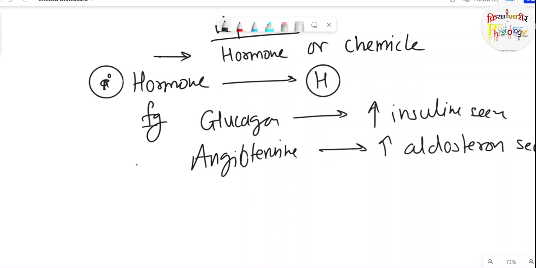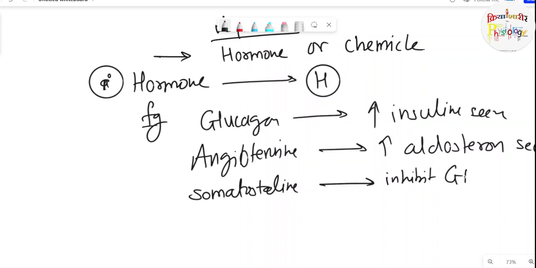And the third example is somatostatin, which inhibits GH, growth hormone secretion. So these are the examples in which one hormone regulates secretion of another hormone.